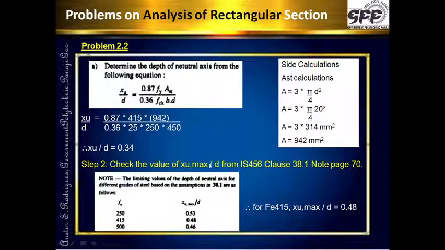Now please note, Xu/d is 0.34, Xu max/d, the maximum one which is possible, is 0.48. The actual one is 0.34, the maximum one is 0.48.